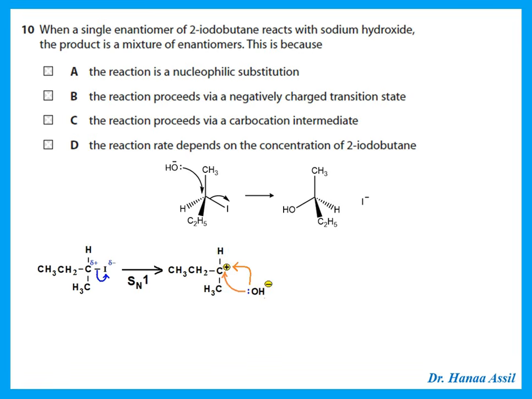But SN1 is where the iodine is released to form a carbocation, and then the hydroxide ions can attack from both sides to give 2 enantiomers. So this will give a mixture of enantiomers, and that means that for this reaction, the reaction is happening by SN1 through a carbocation. So that is C.